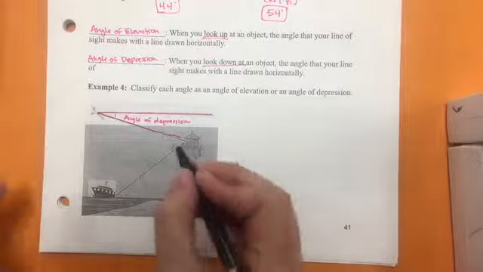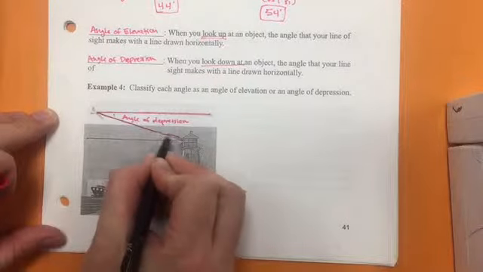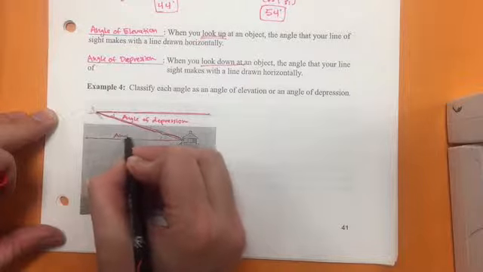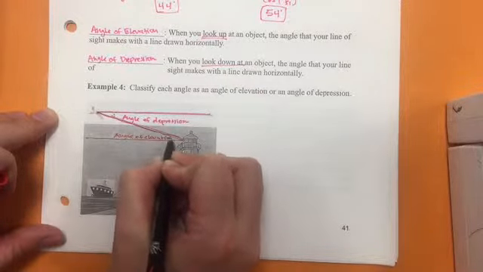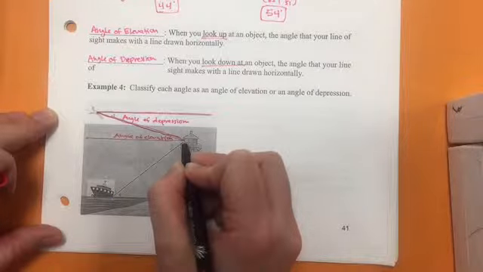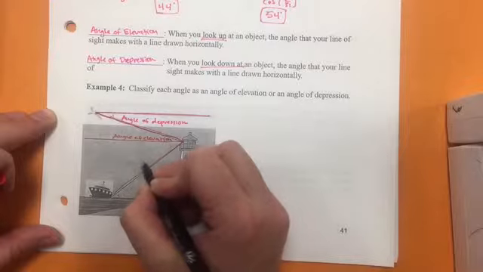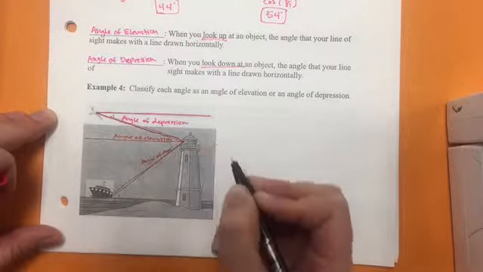Now, if I'm in the lighthouse looking out, if I look up at the bird, that is now an angle of elevation. Angle 3, they're looking down at this boat. This would be an angle of depression.